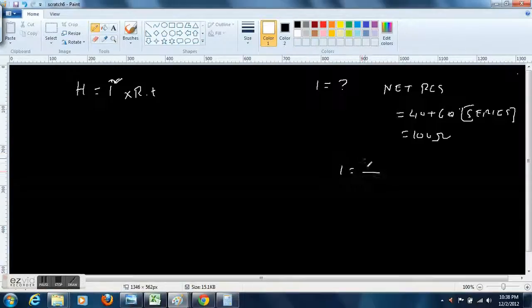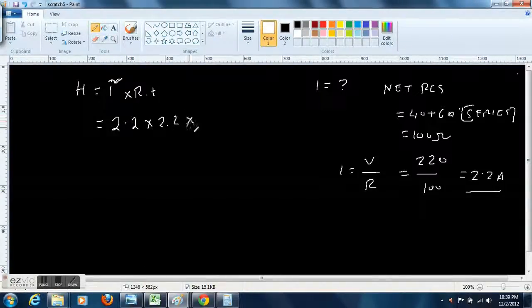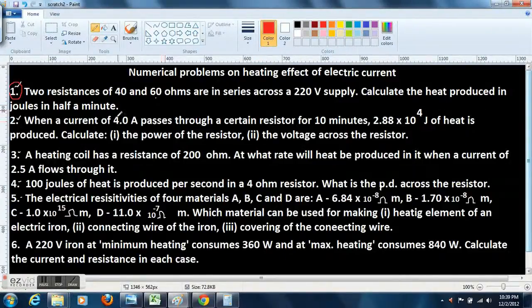Therefore, I equal to V upon R, that is from Ohm's law. V is 220 volt, resistance is 100 ohms. So 220 by 100 comes to 2.2 ampere. So 2.2 square, that means 2.2 into 2.2, resistance is 100 ohms and time is half a minute, that is 30 seconds.